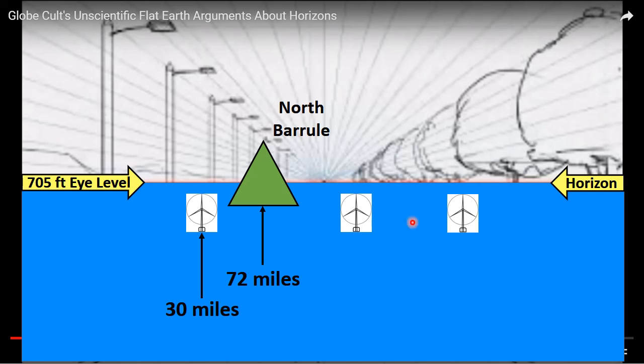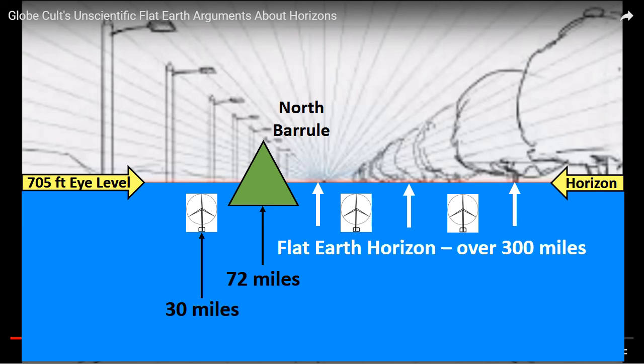Here we have the wind turbines, we have North Perul, and I showed that the horizon should be well beyond North Perul. And this is exactly what this calculation shows, that the flat Earth horizon would be over 300 miles away, well past North Perul.